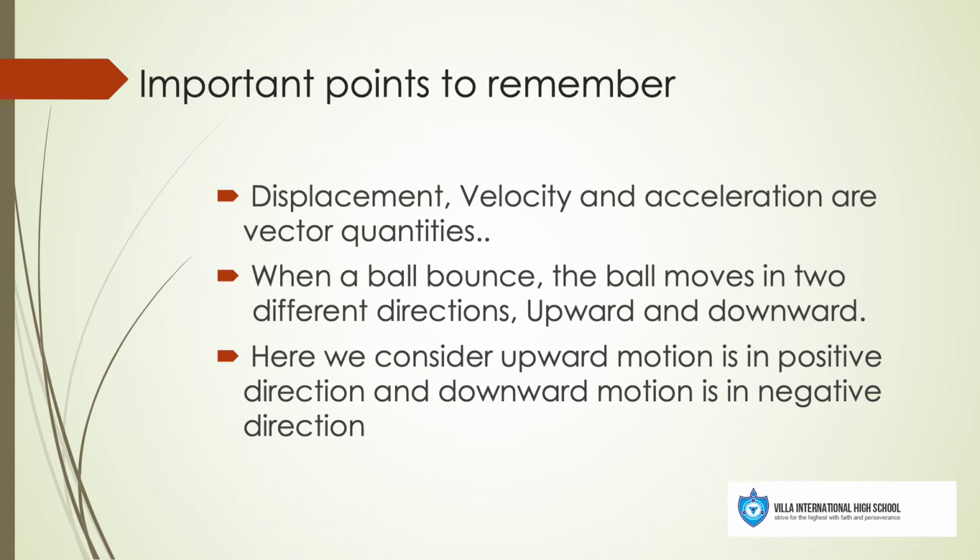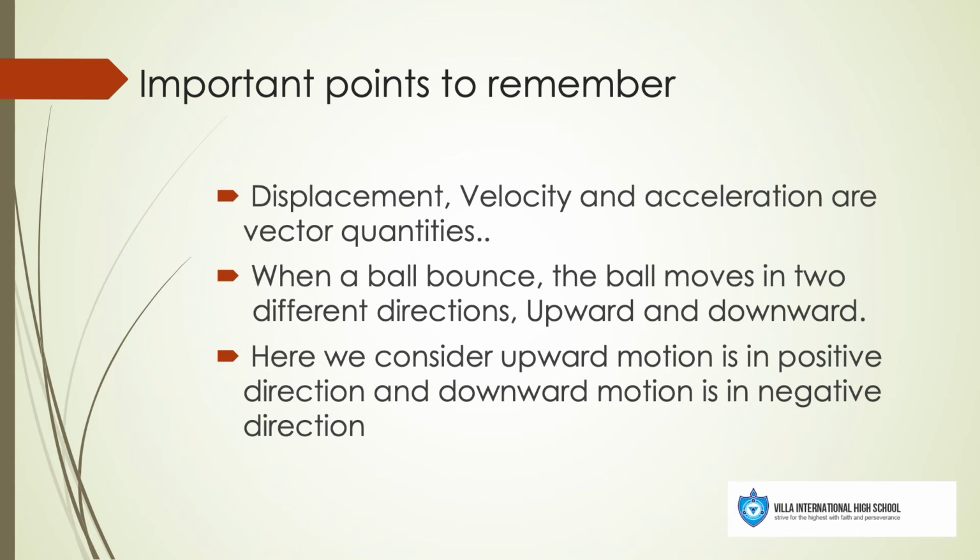So positive and negative directions are there, which means that in a bouncing ball the ball is moving in two exactly opposite directions. We should consider one direction positive and the other negative.